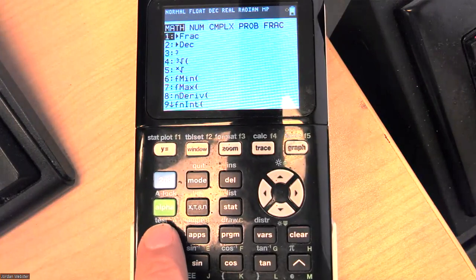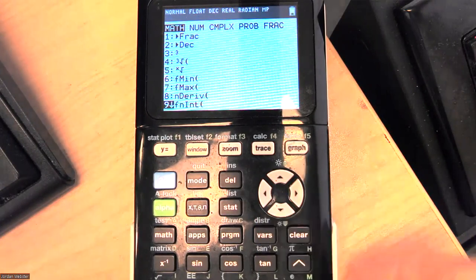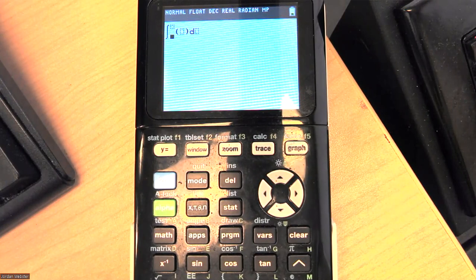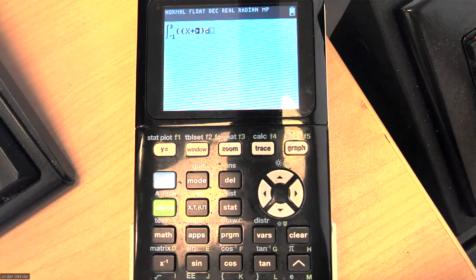So it's in the math menu, and then down to function integrate. I have the math print turned on, so it looks like an integration. Again, math, and then it looks like function integrate, FNINT. My bounds are from -1 to 3. And then you have to be pretty careful about how you type this in.